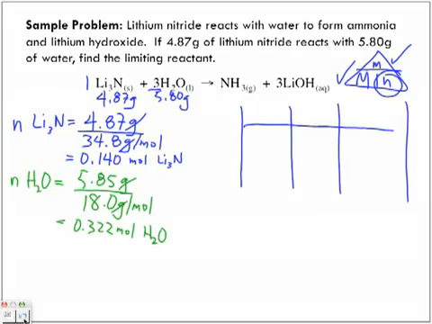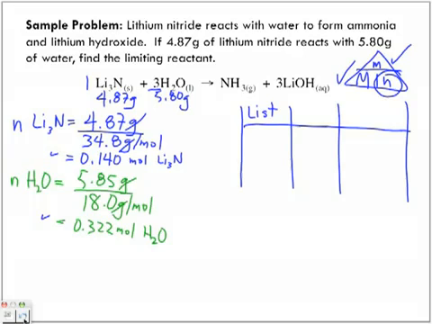Here we're going to list, now what we want to do for this is we have the moles. Remember last time we were calculating? One of these was what we had to find. So now, where's the unknown?